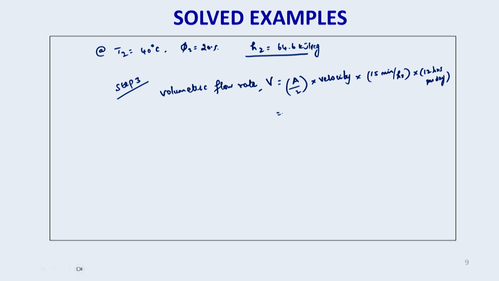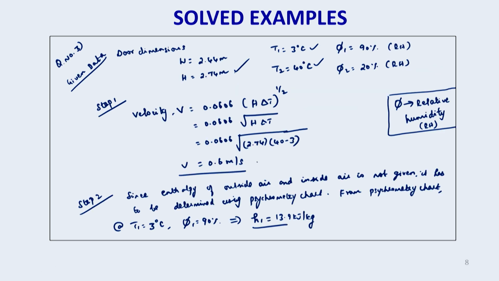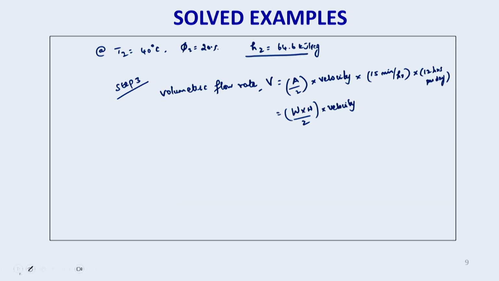So the width and the height of the door are given. W into H divided by 2, into velocity, which is already calculated in the previous step. This is the velocity, 0.6 meter per second, multiplied by 15 by 60 per hour, into 12 by 24.